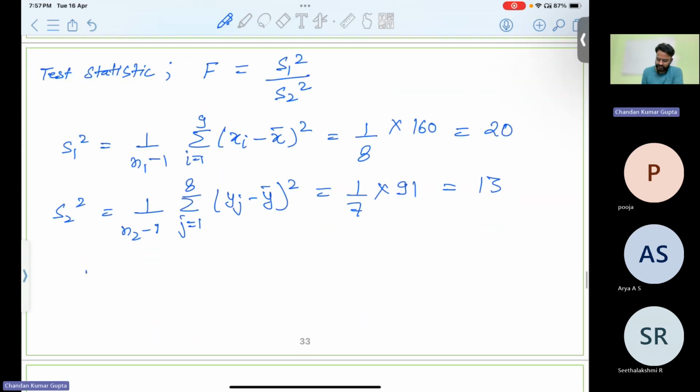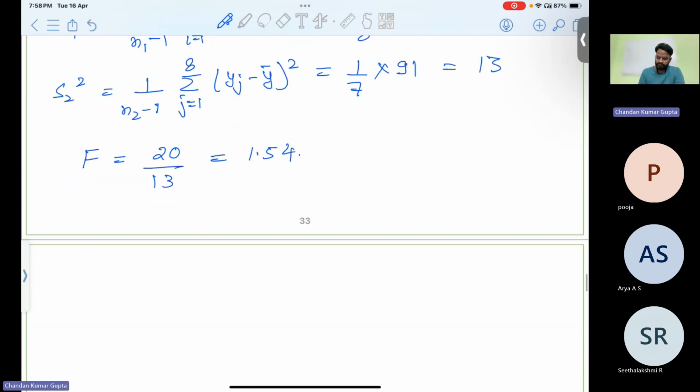So now the calculated value, the test statistic, is s1 square upon s2 square, which is approximately 1.54. Now the degrees of freedom.